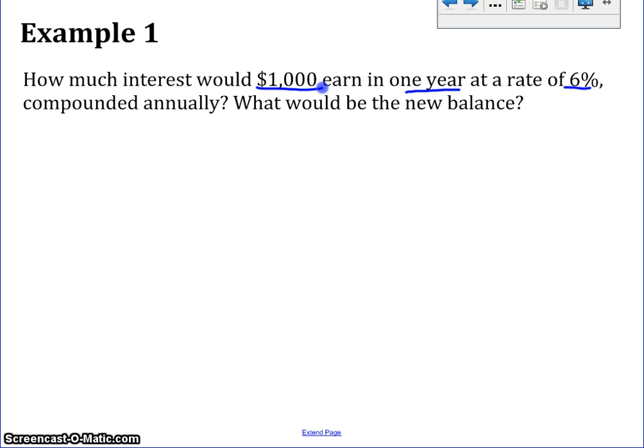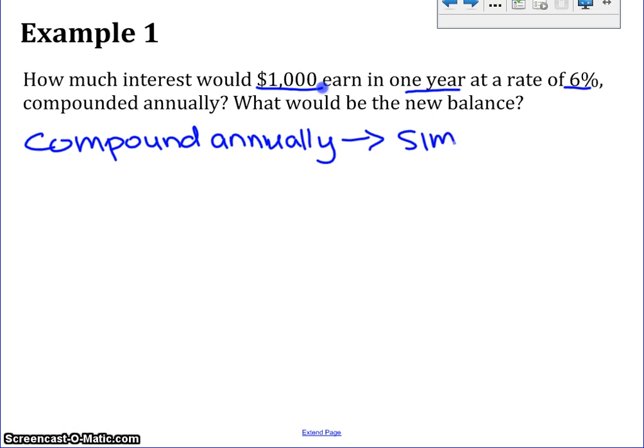So, in essence, compounded annually is actually the same as earning simple interest, because it does not post that interest in the account for you to be earning on the interest until the end of that year period.